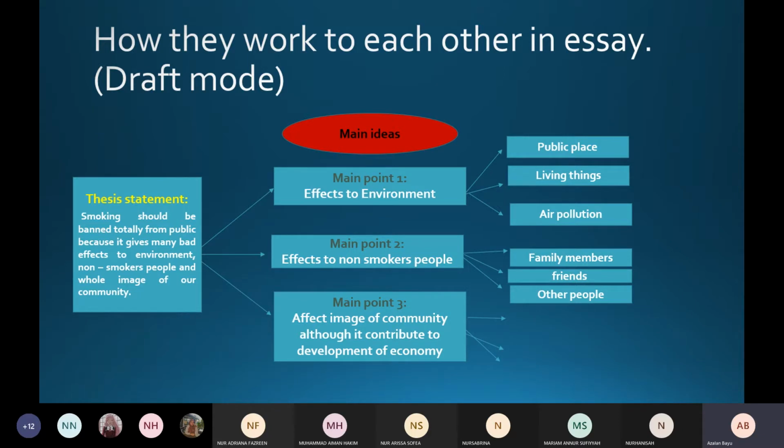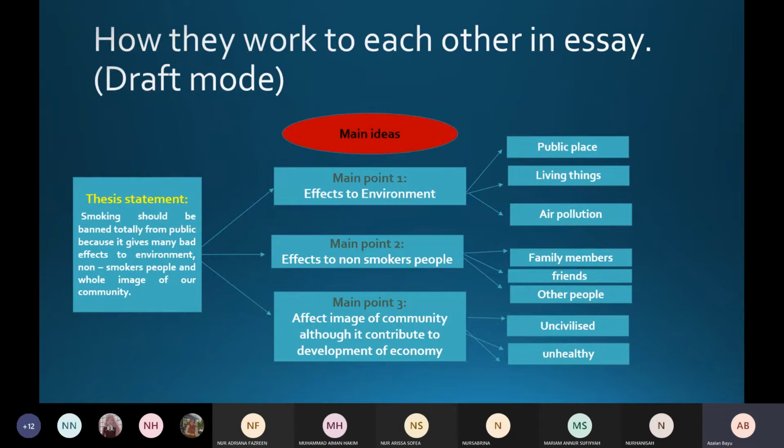And main point 3, you talk about the image. Okay, image of the society atau community dalam you punya tempat yang you merokok tu, right? We're talking about you akan dipandang sebagai uncivilized ataupun tidak bertamadun bila you merokok, ataupun of course you will be viewed as unhealthy people, right?